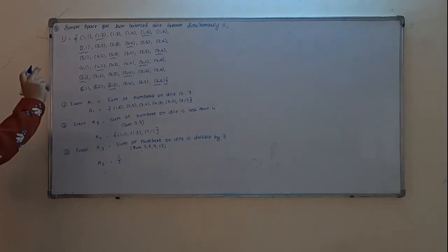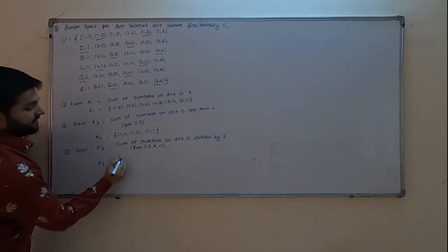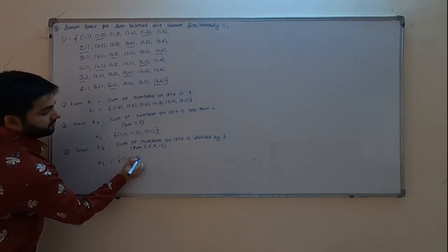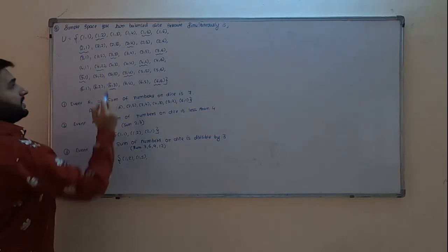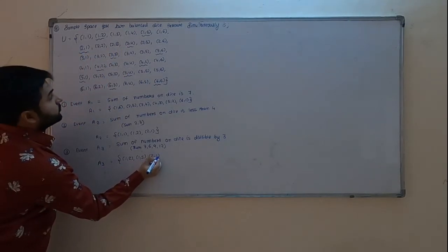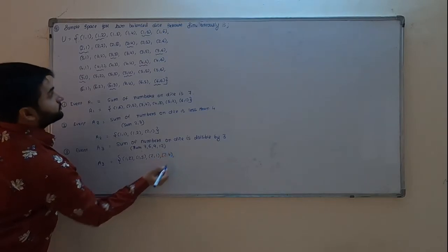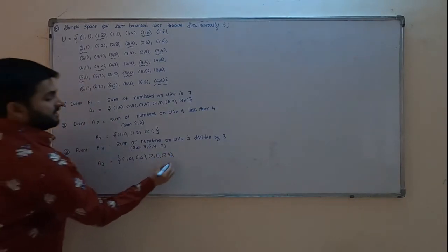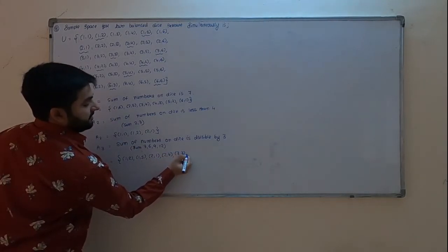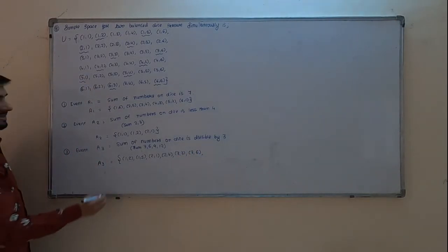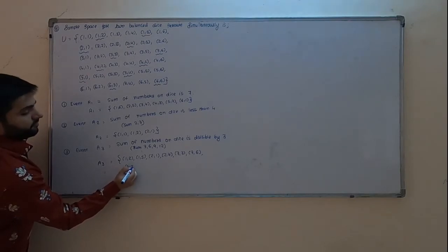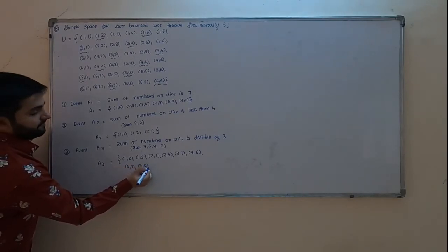Now from the first line, see, there are 2 elements: 1 2 and 1 5. We have to write in order of the lines. Now in the second line again 2 elements: 2 1 and 2 4. And then in the third line also there are 2: 3 3 and 3 6. Then in the fourth line also there are two elements: 4 2 and 4 5.